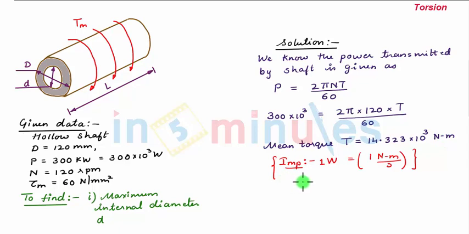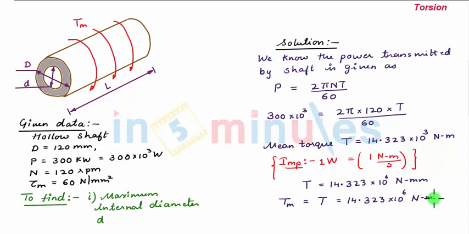So we have the mean torque T is equal to 14.323 into 10 to the power 6 Newton mm. Now since no other information is given, we will consider the maximum torque Tm is the same as the mean torque T, and it is equal to 14.323 into 10 to the power 6 Newton mm.